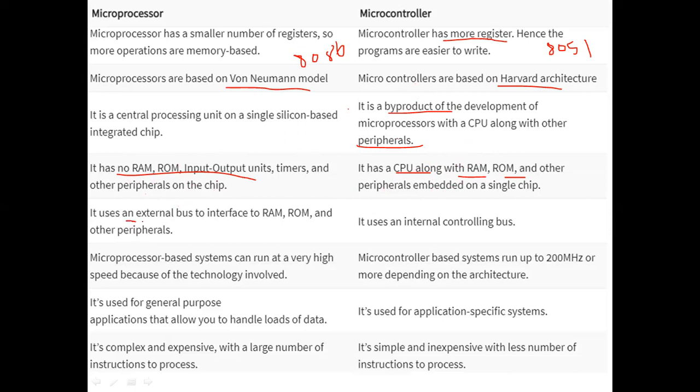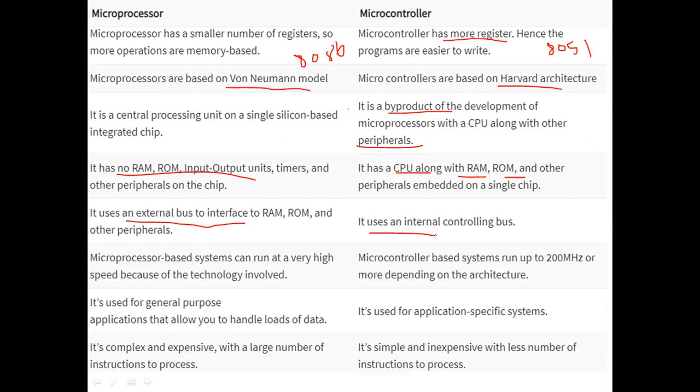It uses an external bus to interface RAM, ROM and other peripheral devices, because the processor is only the CPU. If you want, you can additionally attach memory devices and IO devices through the external bus.